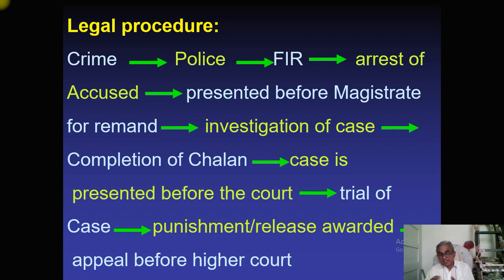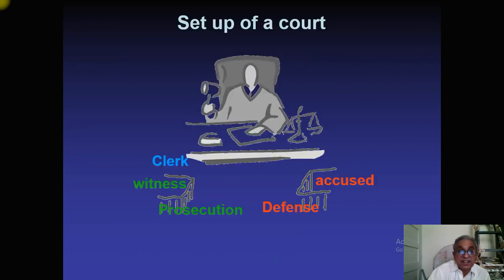Then the investigation is made, challan is completed, papers are completed, case is presented before the court, then the trial of the case is made, then the punishment or release is awarded by the court, then appeal may or may not be lodged before the higher court. This is the legal procedure.